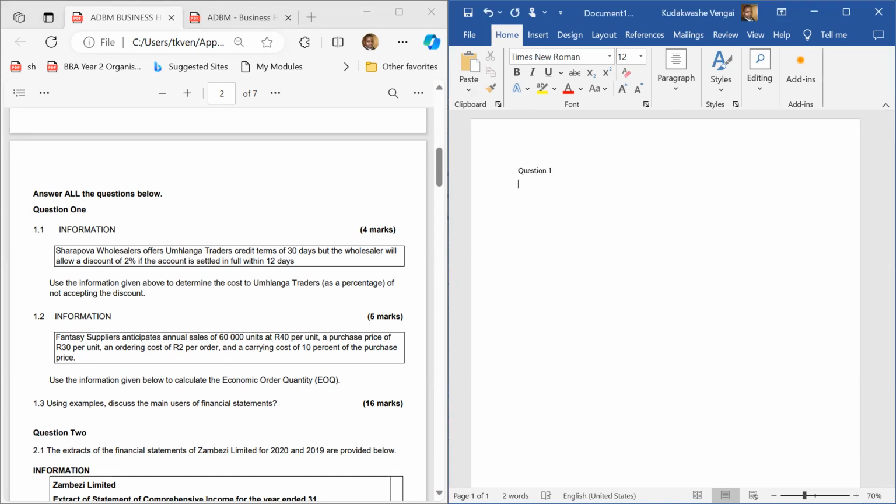So 1.1 says here, Shapiro Wholesalers offers trade terms of 30 days, but the wholesaler will allow a discount of 2% if the discount is settled within a period of 12 days. Using the information, determine the cost as a percentage of not accepting the cash discount. So this one, if you check in your unit number 3, you will find the formula for this, right?